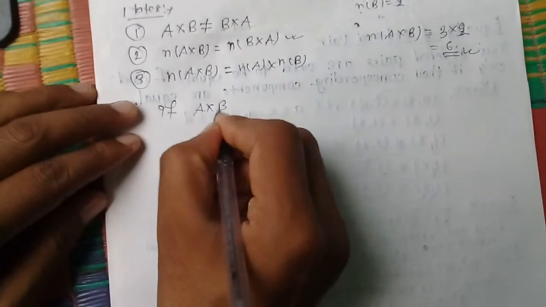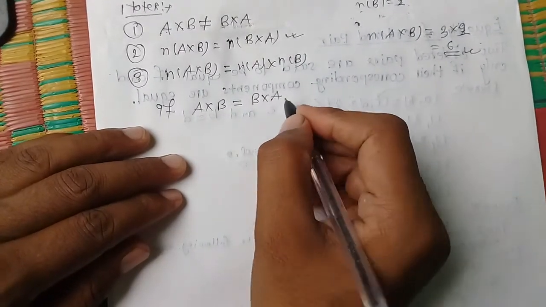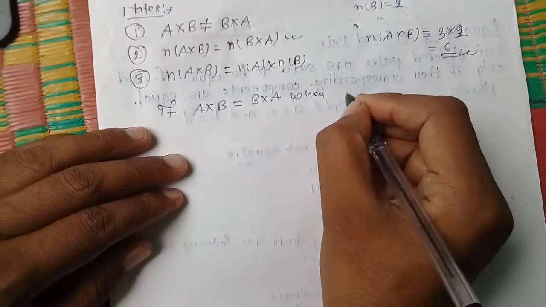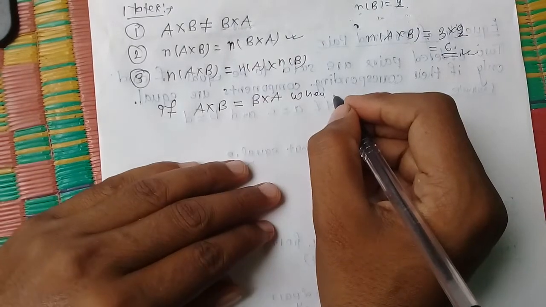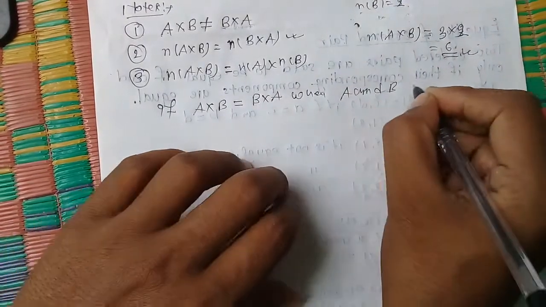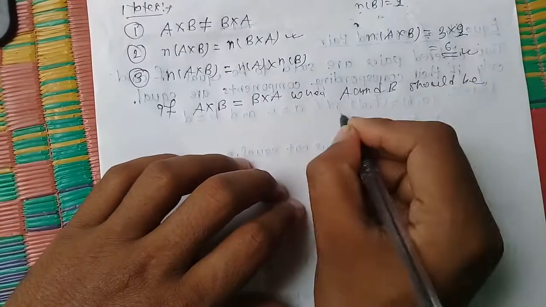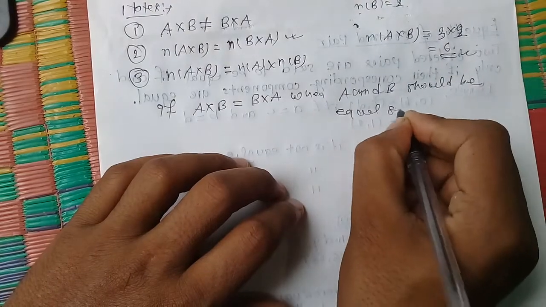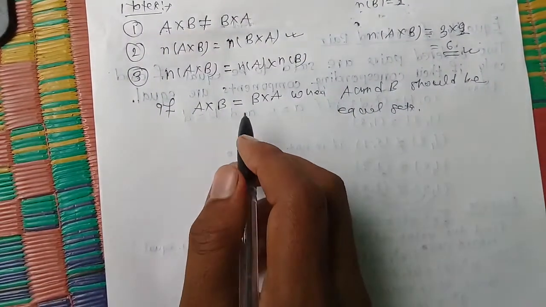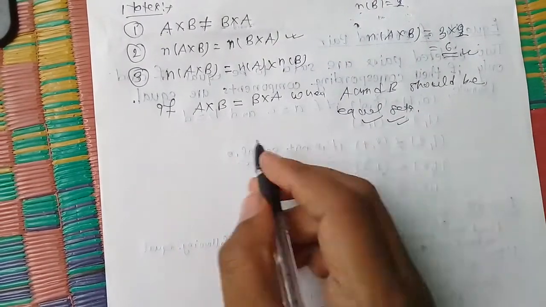A Cartesian product B is equal to B Cartesian product A when groups A and B are equal sets.